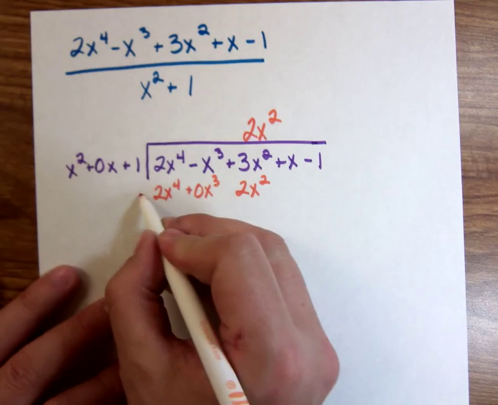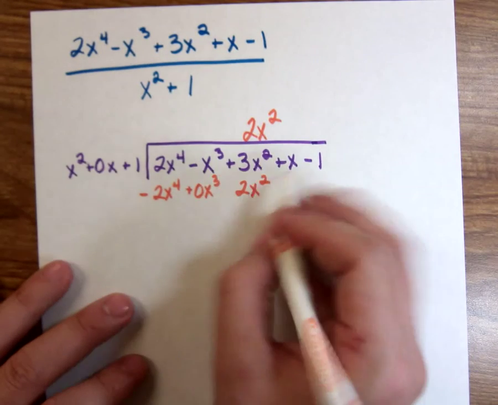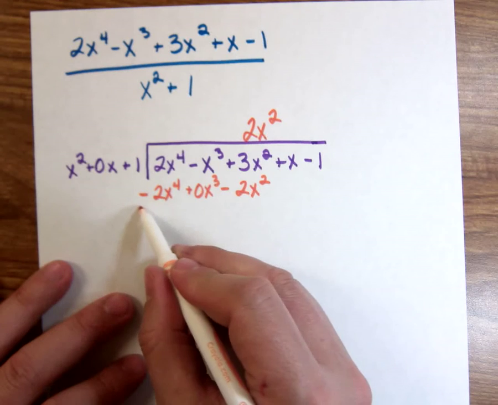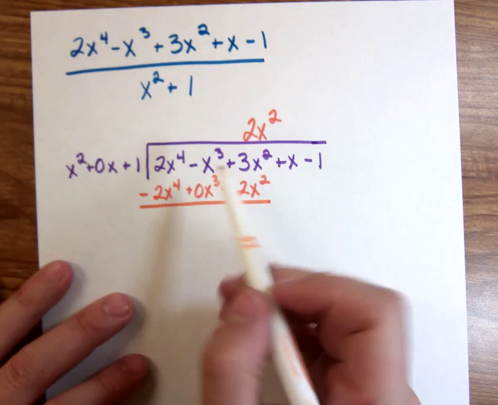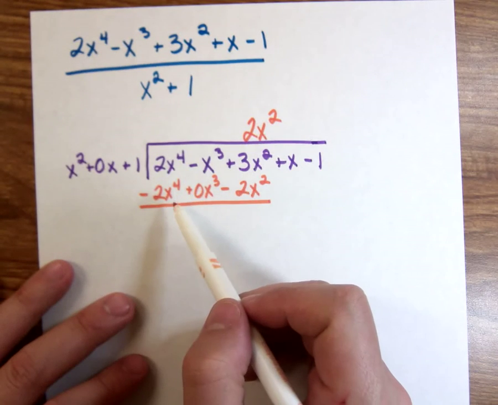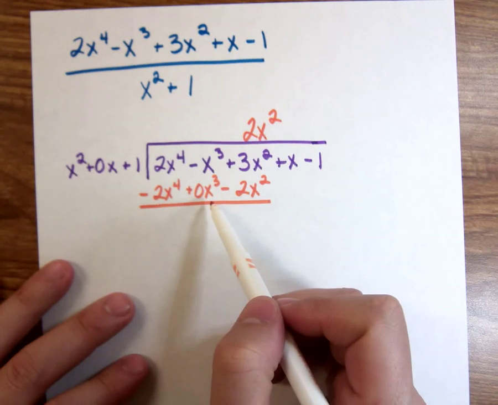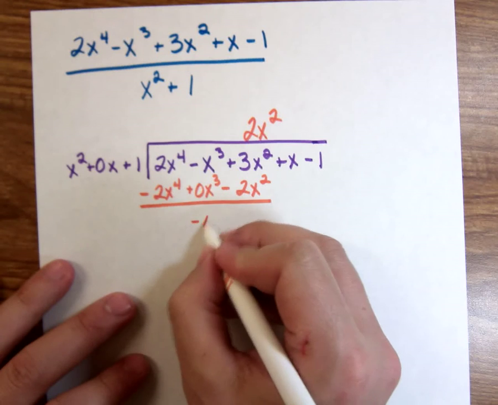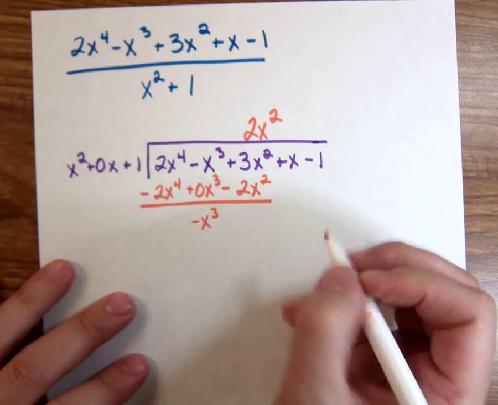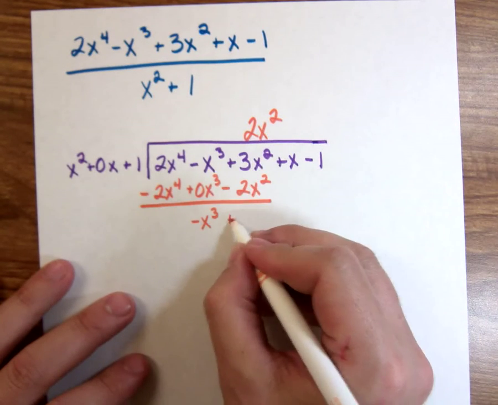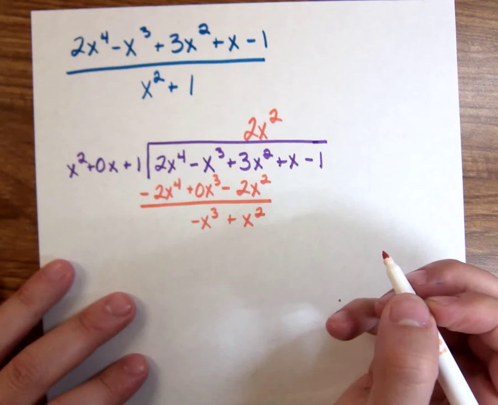And then we subtract. Minus 0 and plus 0 are the same, so minus minus. So 2x to the 4th minus 2x to the 4th is 0. Negative x cubed plus 0x cubed is negative x cubed. And then 3x squared minus 2x squared is 1x squared.